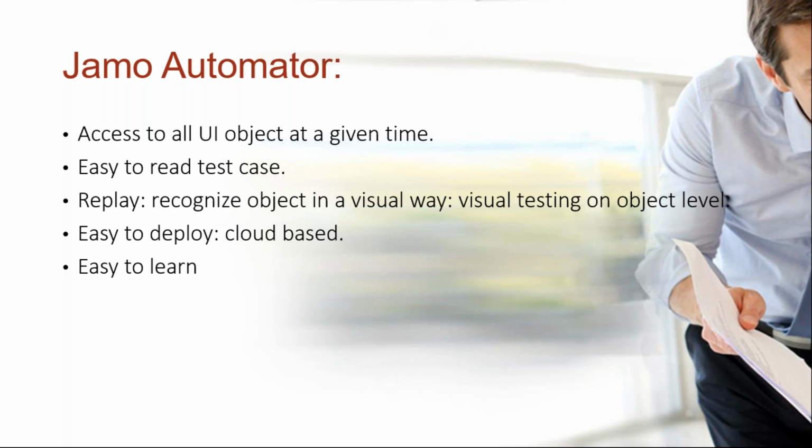The test case itself is very easy to read because you see the screens that you want to test. If we are going to replay, it's not image-based, it's object-based, but we use how these objects are visually situated against each other. So one way or another, we do visual testing on object level.